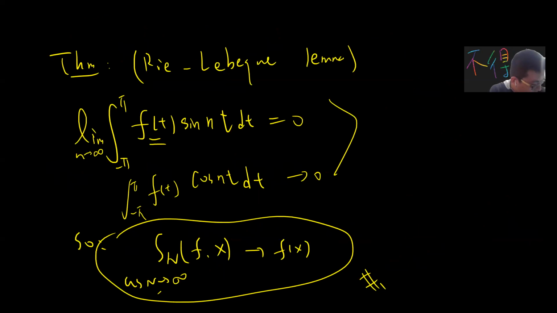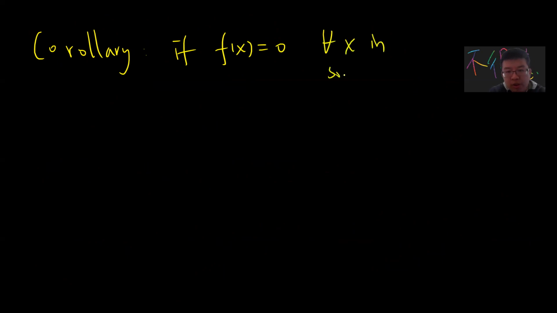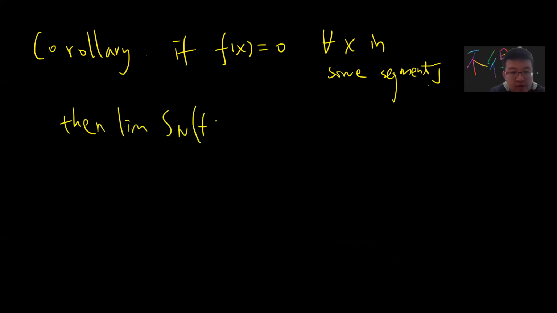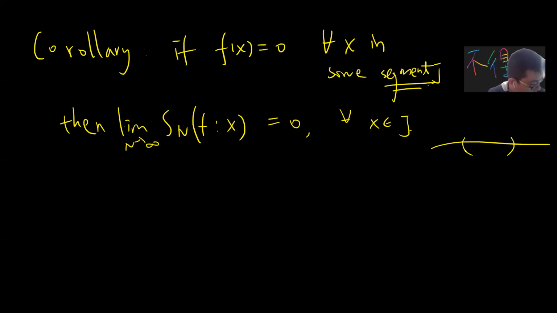Let me just write down some corollary. So the corollary says that if f(x) is 0 for all x in some segment J, then the limit of S_n f(x) is 0 for all x belonging to J. Okay, so I should say that the segment should be viewed as an open interval, I guess.